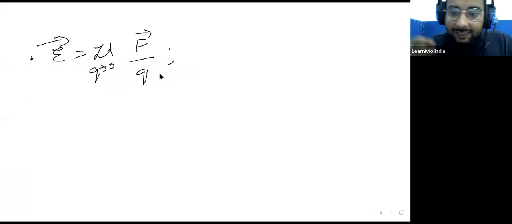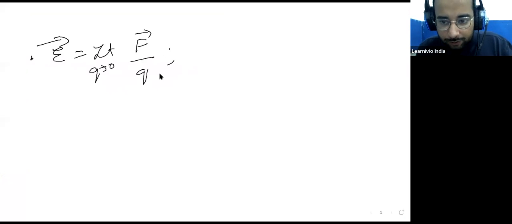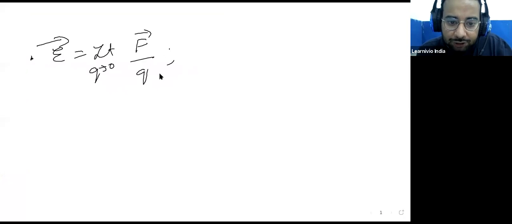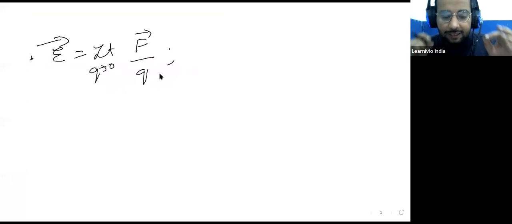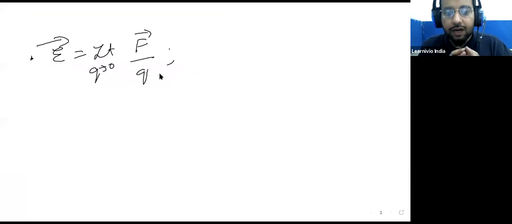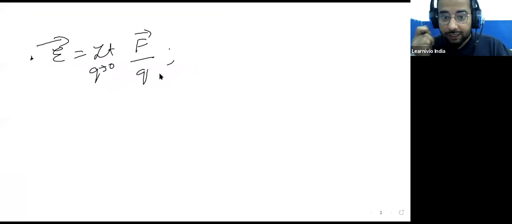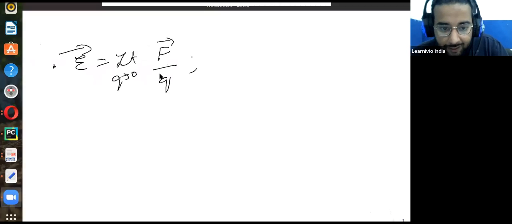So in the sense that the test charge that we're talking about is a very, very tiny test charge. Why do we want the test charge to be very, very tiny? We want the test charge to be very tiny so that it does not interfere with the electric field that is already there. Because we only want the test charge to test and not to change anything. That is why we want q to be very, very tiny.